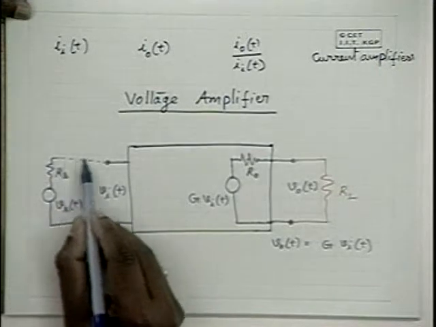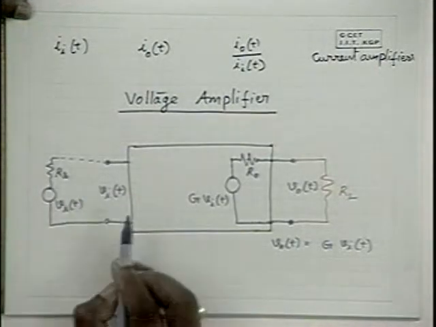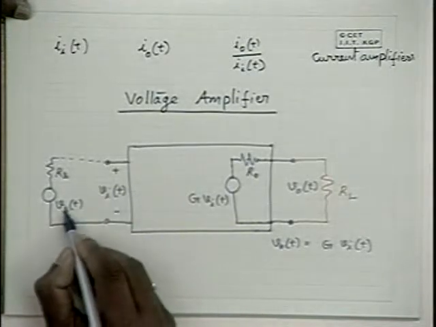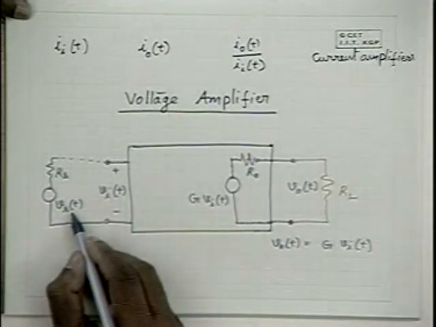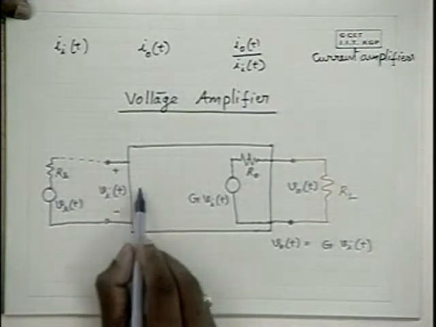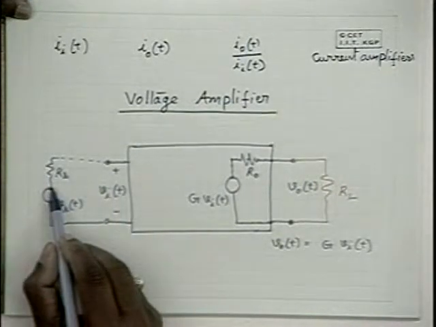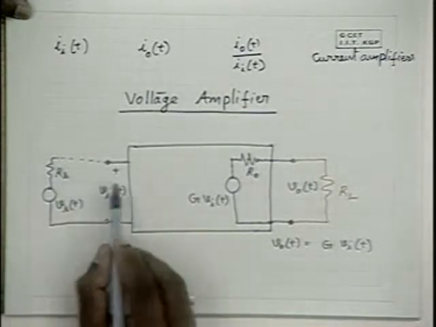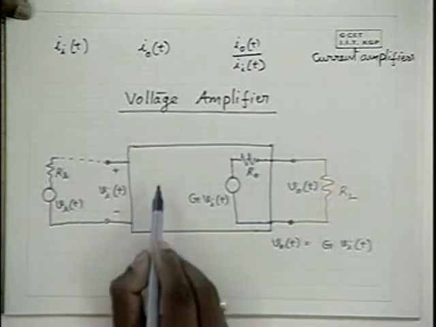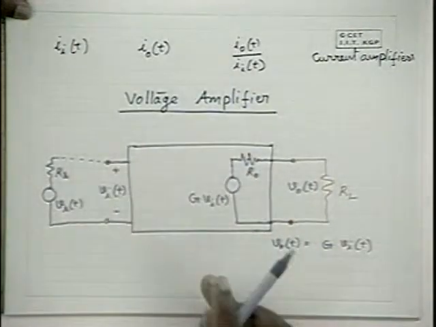When you connect the amplifier to the source, do you expect V_IT to be equal to V_ST? Not really, because the amplifier loads the voltage source. It acts like some resistance connected to the source.